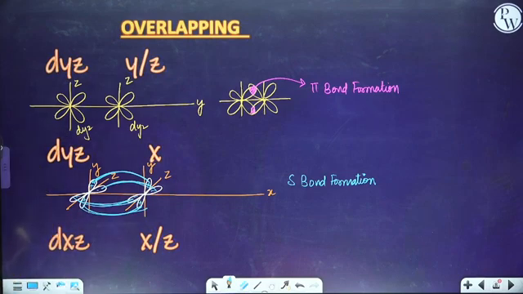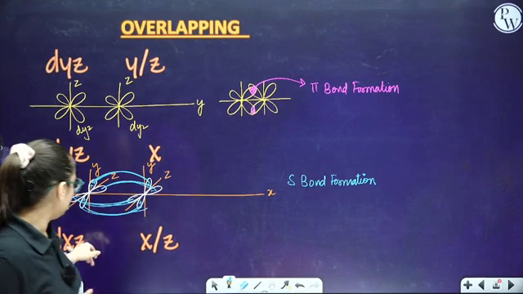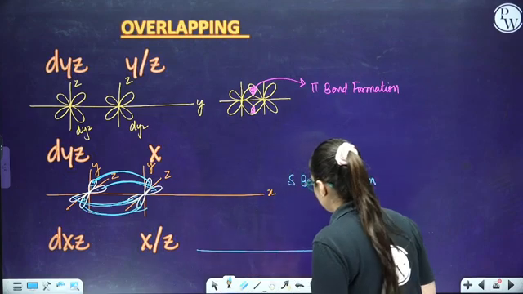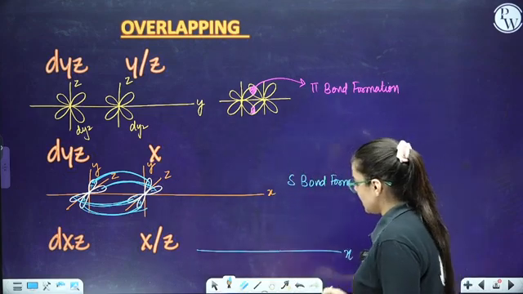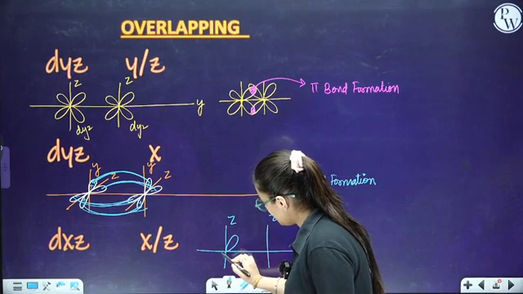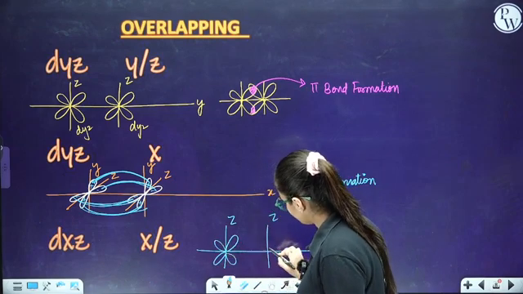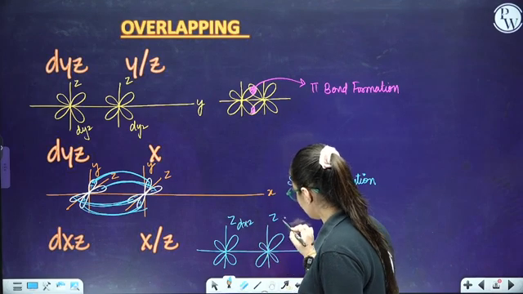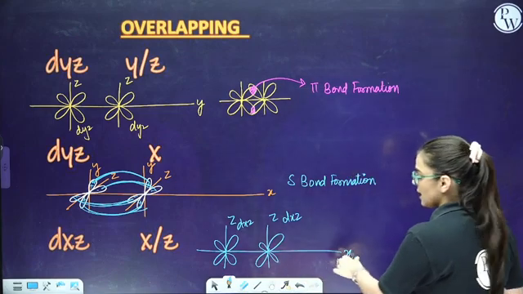If you are done with this case, let us take the next case. Now here it is dxz on either x or z. So we are to take two dxz. Let us take this as the x-axis and this as your z-axis. Now lobes will be present in between the axes. This is also dxz, this is also dxz, so the axis is also same.